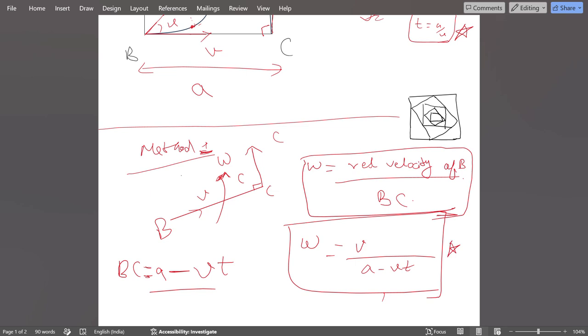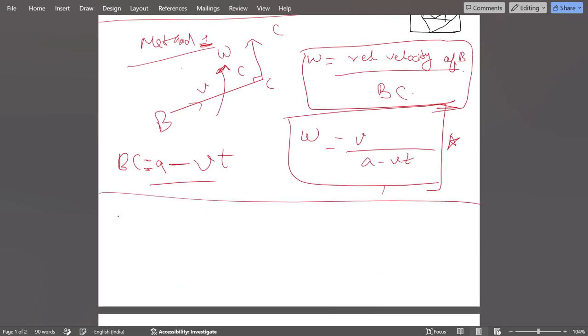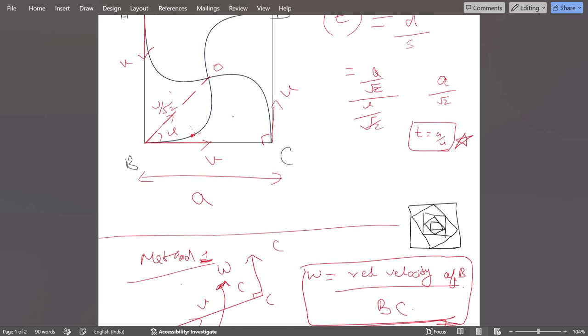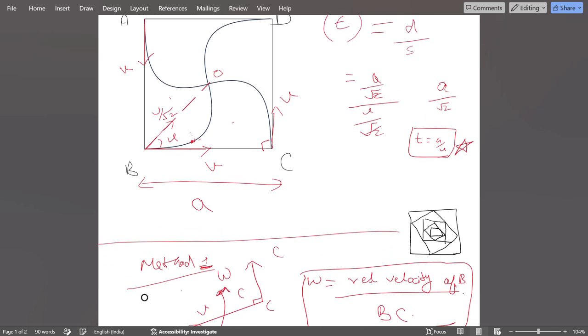So okay, let's look at another method. Take a component of the velocity vector v perpendicular to OB, which is again 45 degrees. So it would be v upon root 2 again.